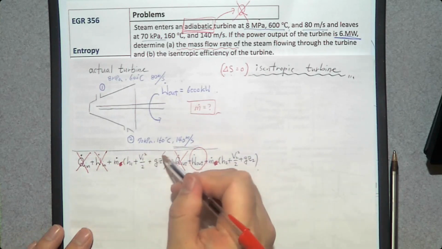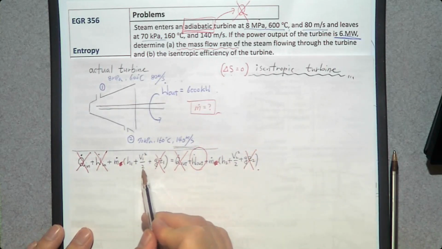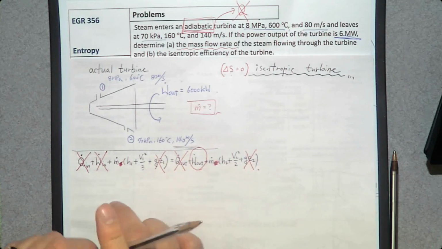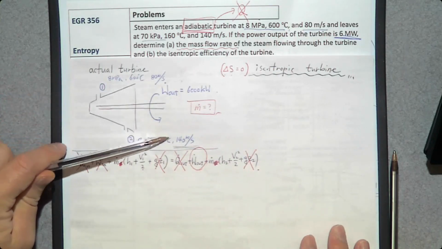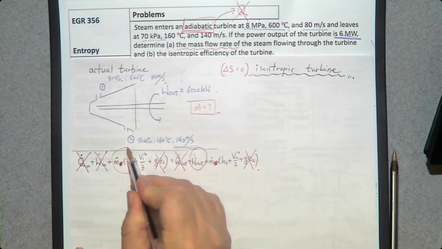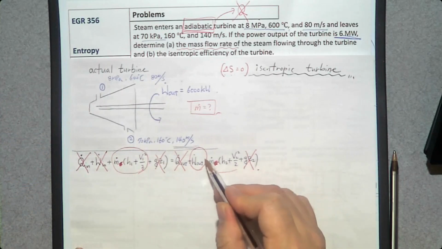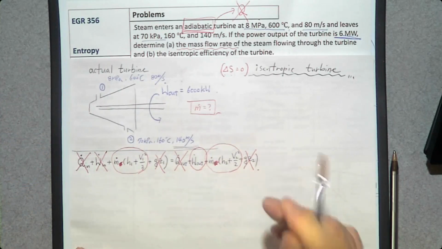And we can neglect potential energy change, but we need to consider kinetic energy change because there is a significant velocity increase. So we are going to consider the rate of enthalpy and the kinetic energy at the inlet and at the exit.